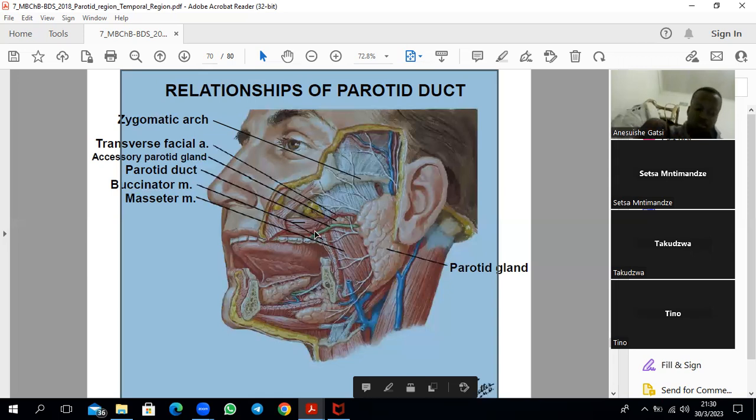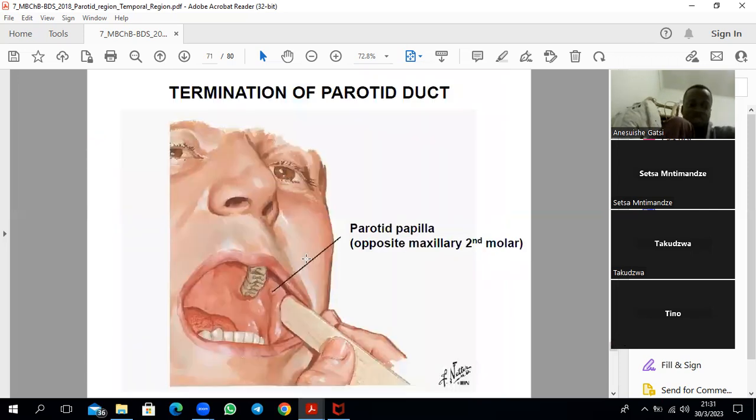And after bending there, it then bends medially again to form a third bend before it opens opposite the upper second molar tooth. So it does bend three times, but I haven't seen where it really helps. That's the parotid papilla that I was talking about.